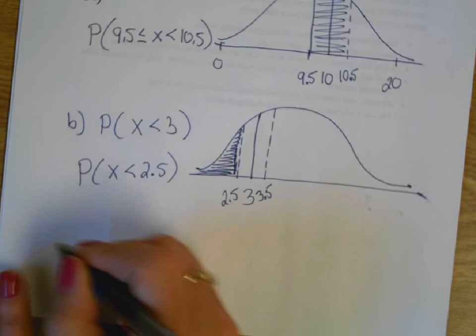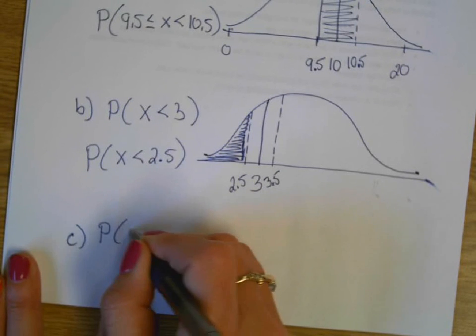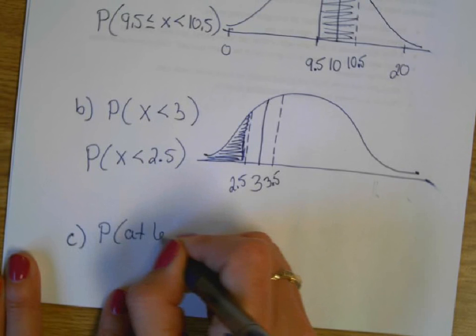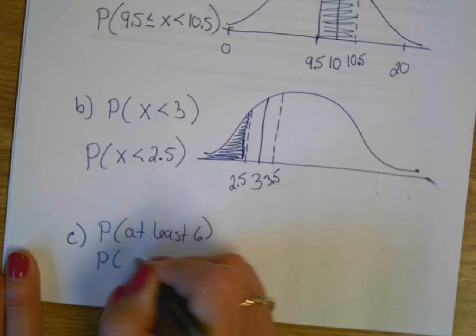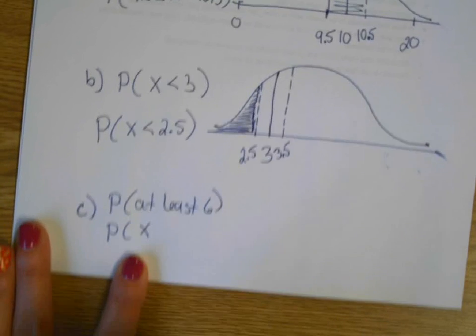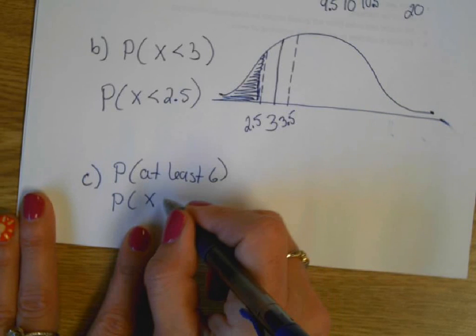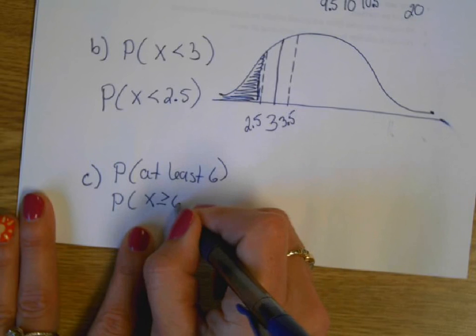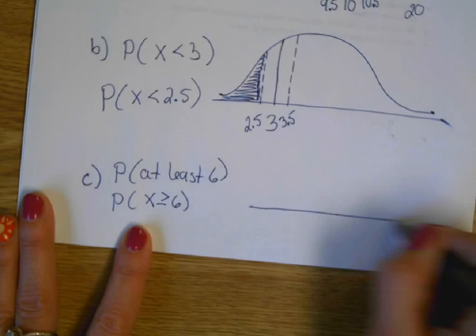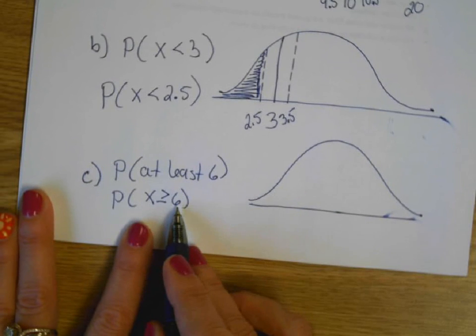Let me do another one, then we'll look at the two of them. What's the probability that you get at least 6 correct? What does at least 6 mean? As an inequality symbol, 6 or more, so that would be greater than or equal to 6. So before we even start, I know that the 6 is either going to be a 5.5 or a 6.5. It's got to change by a half.